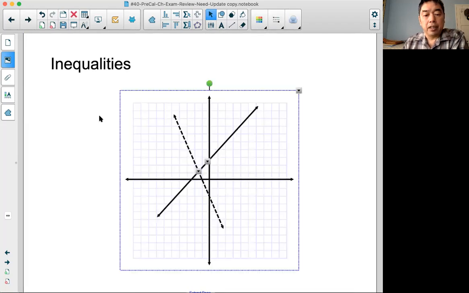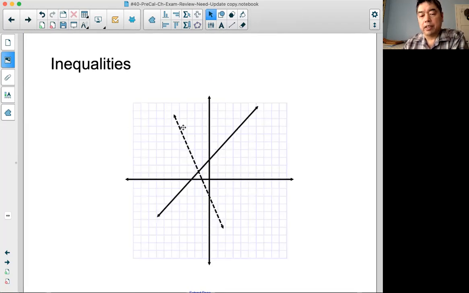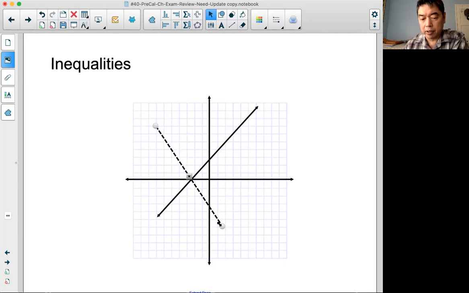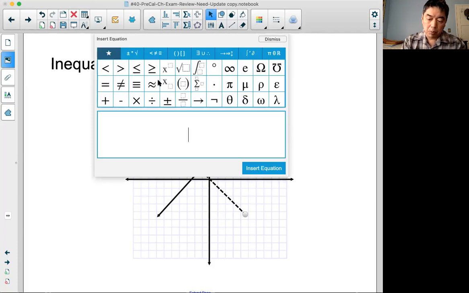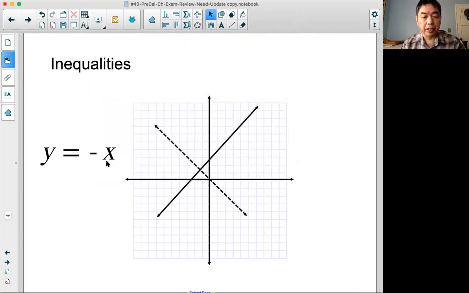Okay, inequalities. If they give you this kind of graph or maybe an equation, you have to come up with some of the equations. For example, I made an easier one: this dotted line is y equals negative x. Not equal.